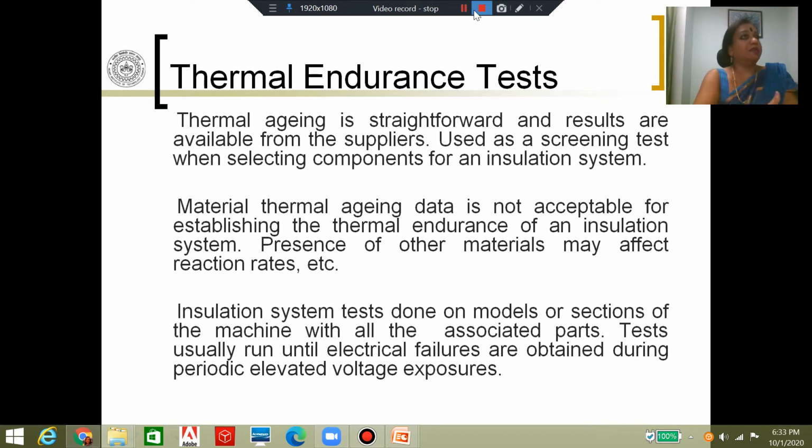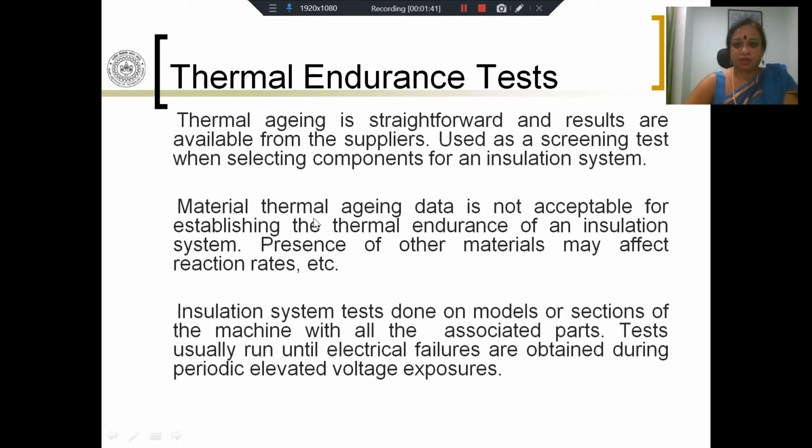Again, a thermally aged material will be stressed with electrical stress, and that too at elevated levels, and we will see whether the material fails or not. So that would be the methodology adopted to understand whether an insulating material is able to withstand a particular thermal endurance.